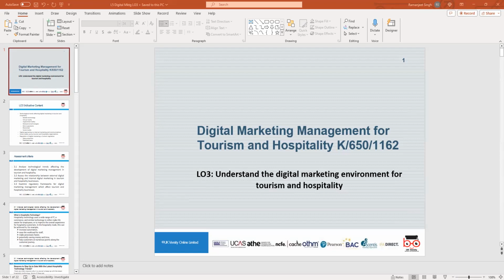The second is the internal and external factors and the relationship between these marketing factors. The third is the regulatory framework for digital marketing which affects the tourism industry. These are the 3 things we're going to look at today.